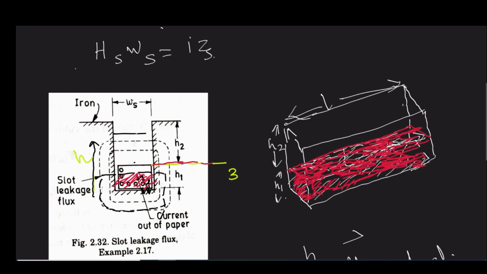So this is the conductor, and this upper portion, what is the area of this one? This is H2L. Sorry, not this side, this is WSL. Yeah, what is WS? This is our WS. And what is this side area?